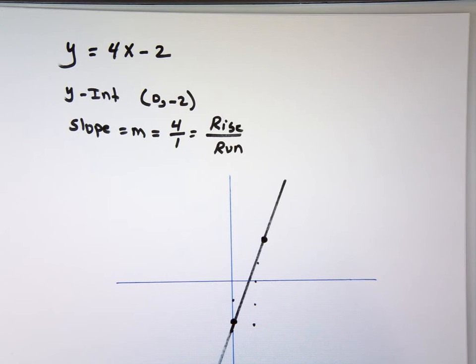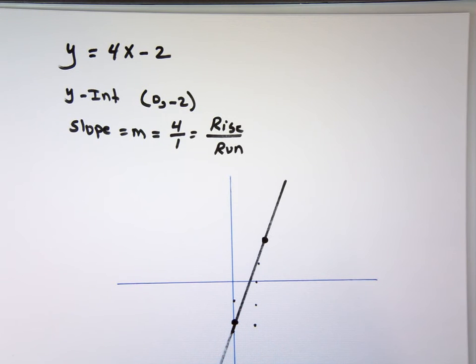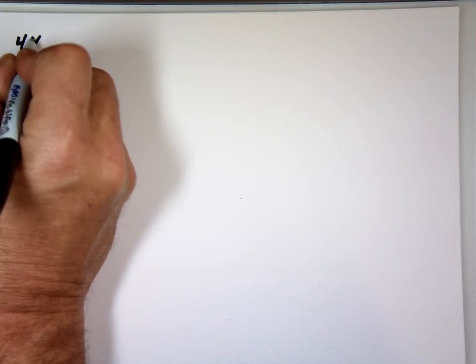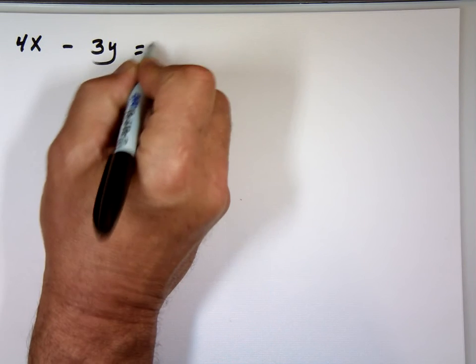Where I get in trouble with these methods, let's take this example now. Four x minus 3y equals 12.